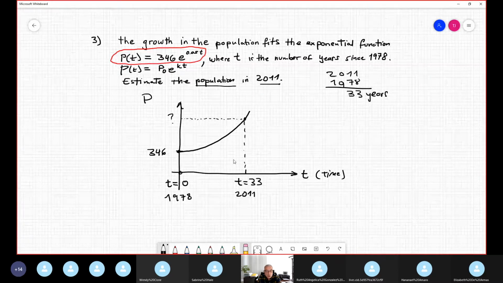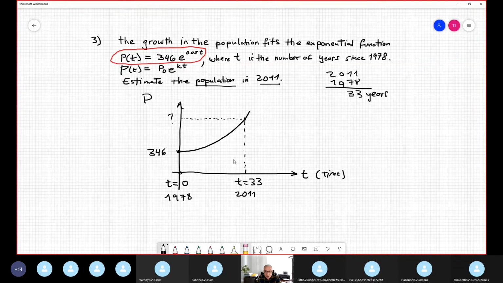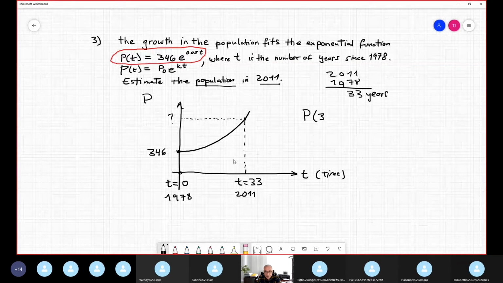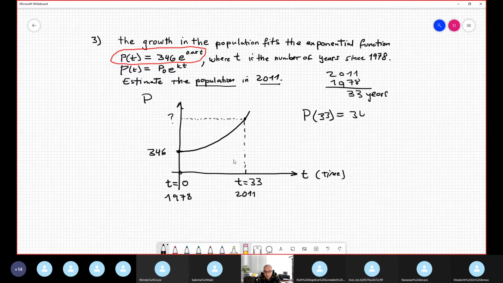Okay, and use substitution for t here, so the population at 33 years is equal to 346 times e to the 0.05 multiplied by 33, the time. Okay, be careful, this is the exponent.